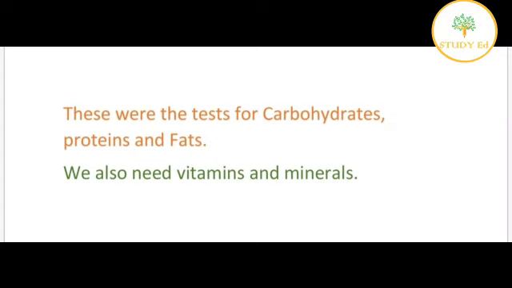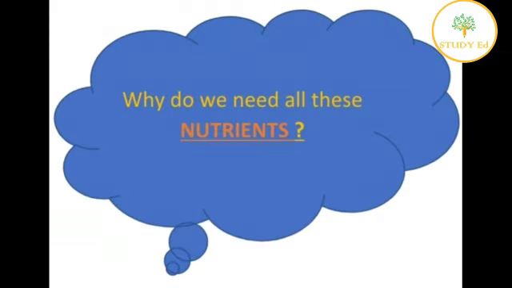Now what about the other nutrients we saw in that chart? Vitamins and minerals. Do we need them? Yes, we also need vitamins and minerals in our body. What do various nutrients do for our body? Or why do we all need these nutrients? Have you ever come across this question?